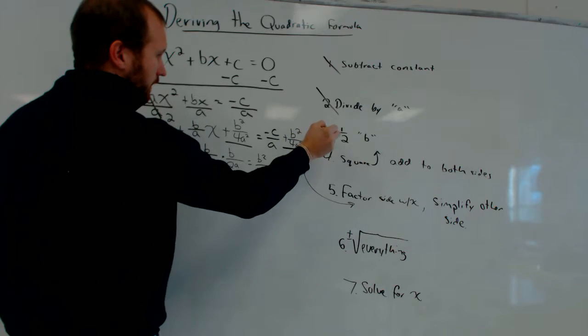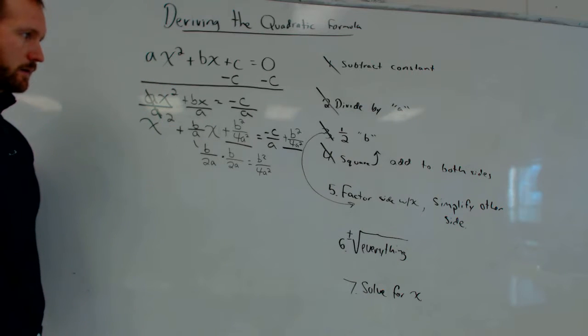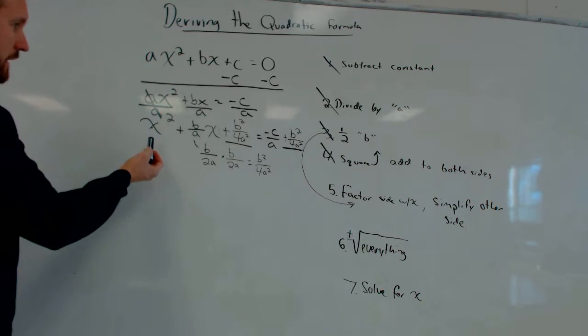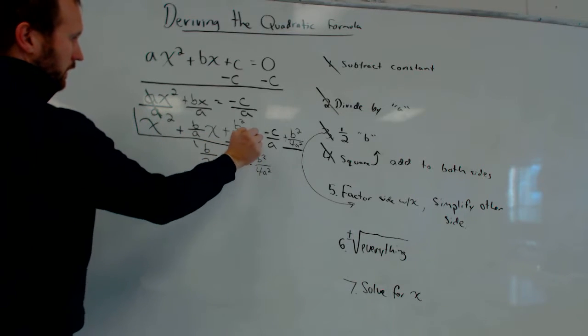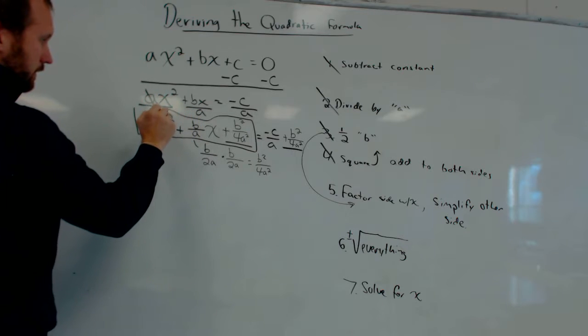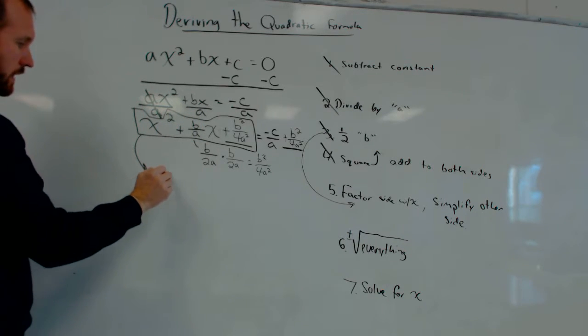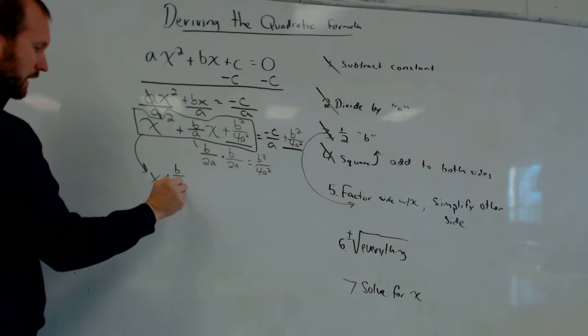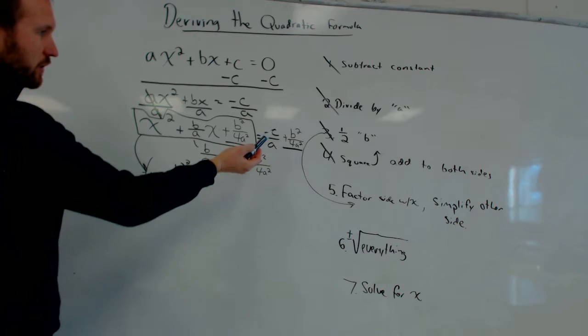Okay, so we've done this and this. Factor this side. So I'm trying to factor this. Yeah, x plus b over 2a squared. Okay, now this is kind of tricky.